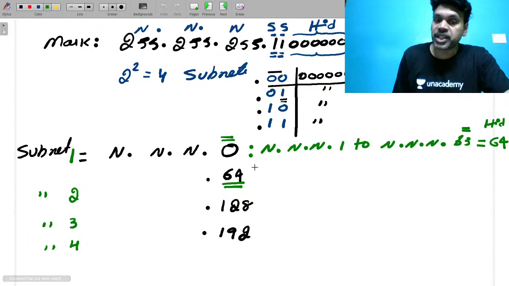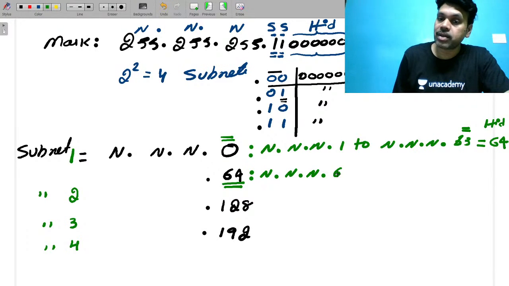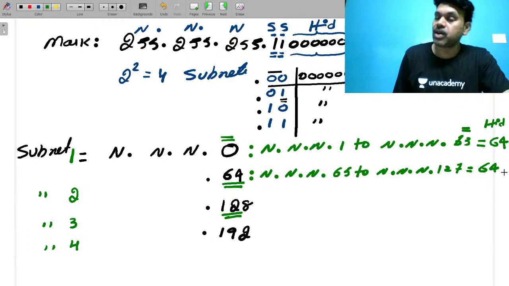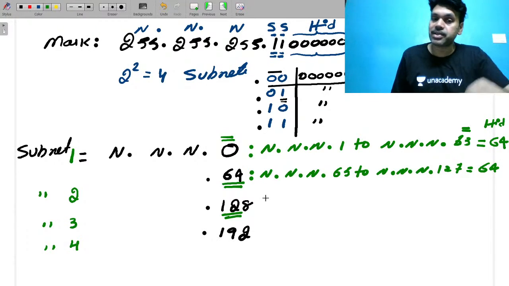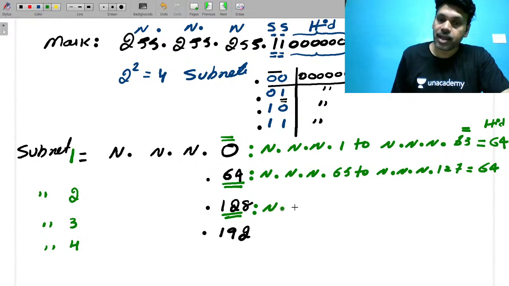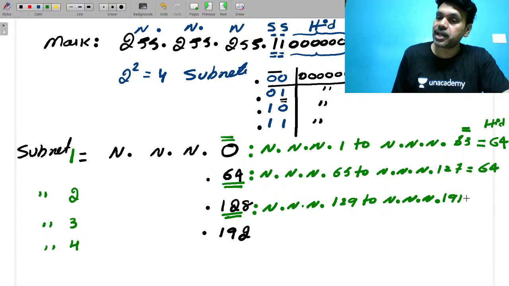Now next one is N.N.N.64 to N.N.N.127, the number before the next subnet. So here also I got 64 HIDs. Next is N.N.N.128 to N.N.N.191.